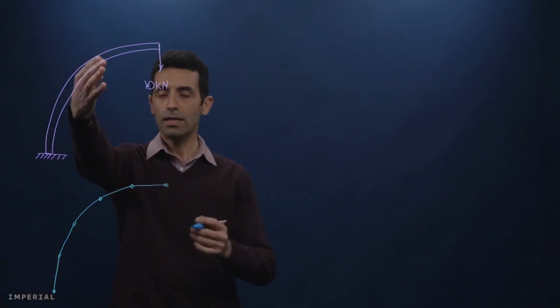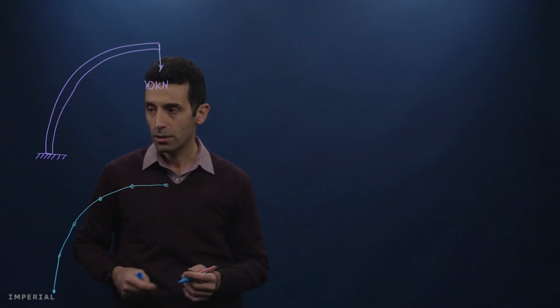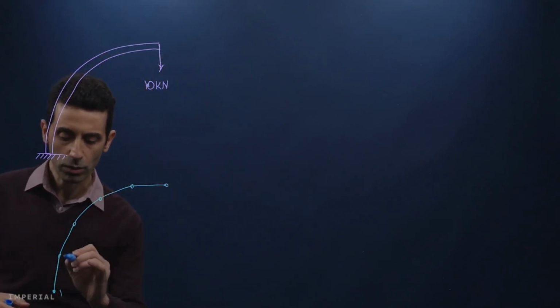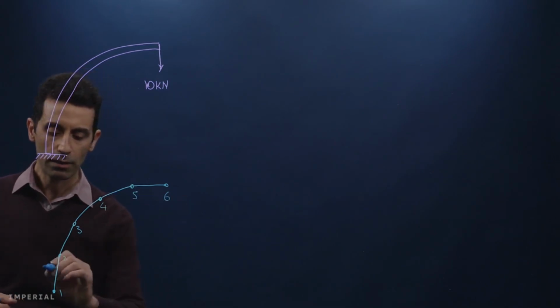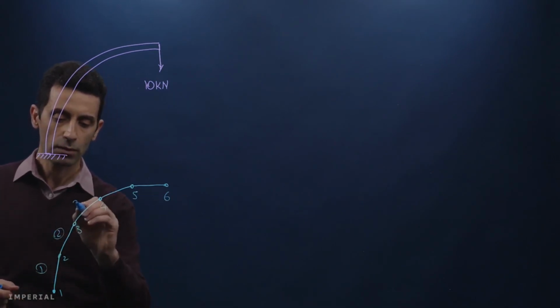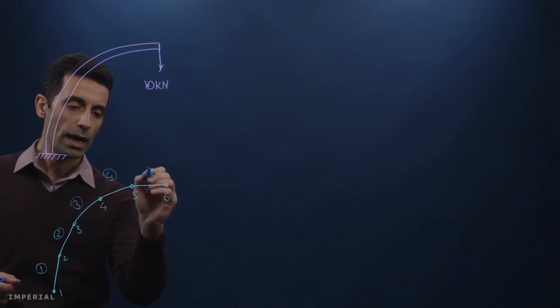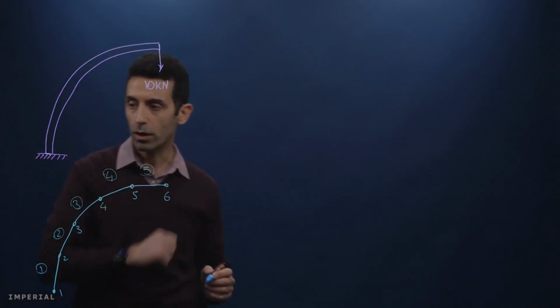So this is an FE model of our structure. We have nodes 1, 2, 3, 4, 5, 6, and elements 1, 2, 3, 4, and 5.